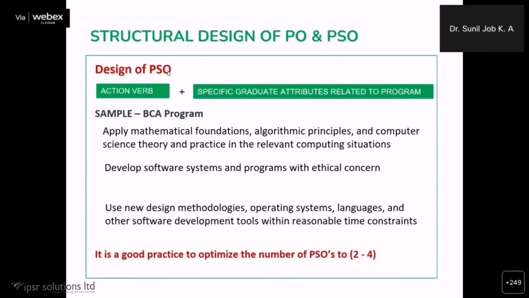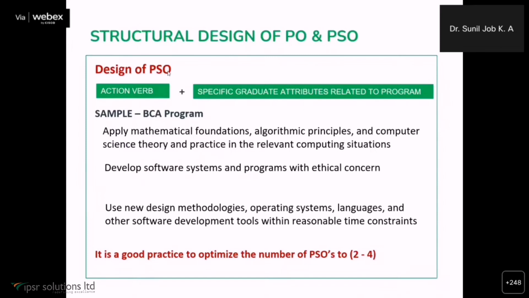Coming to the program specific outcome, obviously we know that the program outcomes are common to all the programs of the college. That is the normal practice that we could find in most of the institutions where we have gone through the implementation process. Program specific outcomes are domain specific.